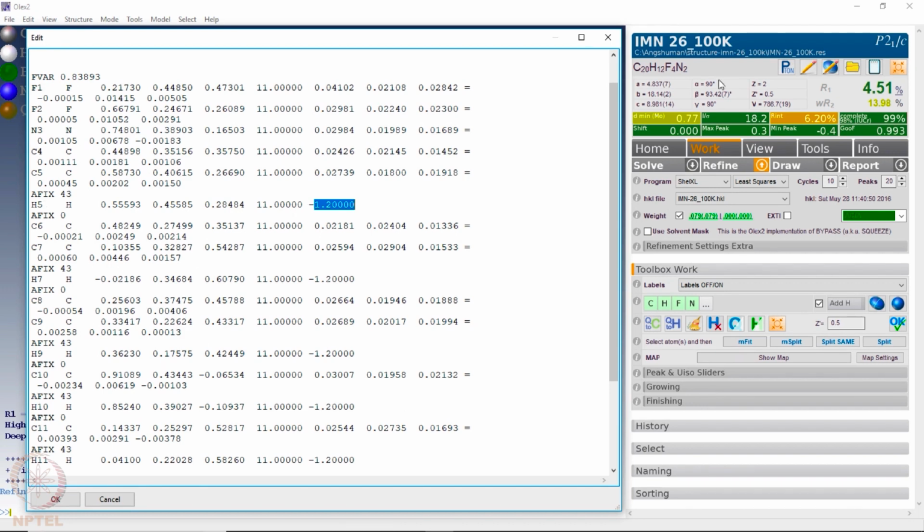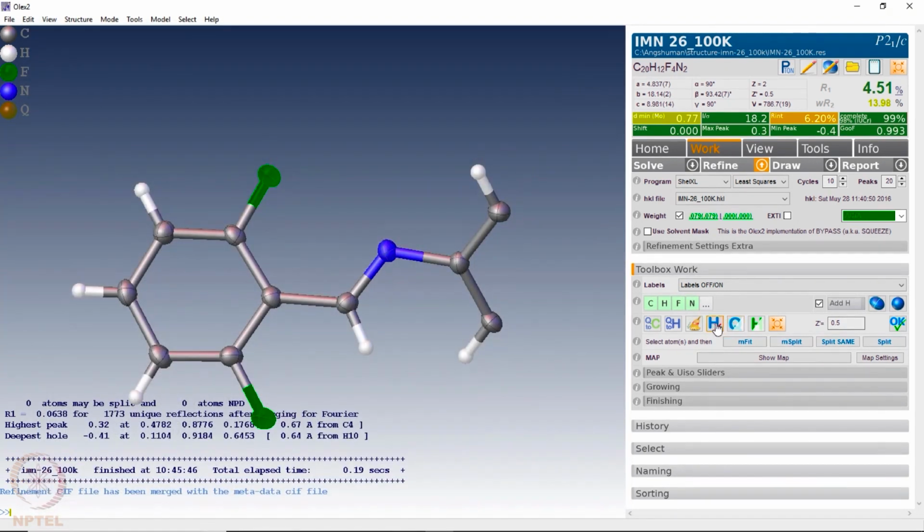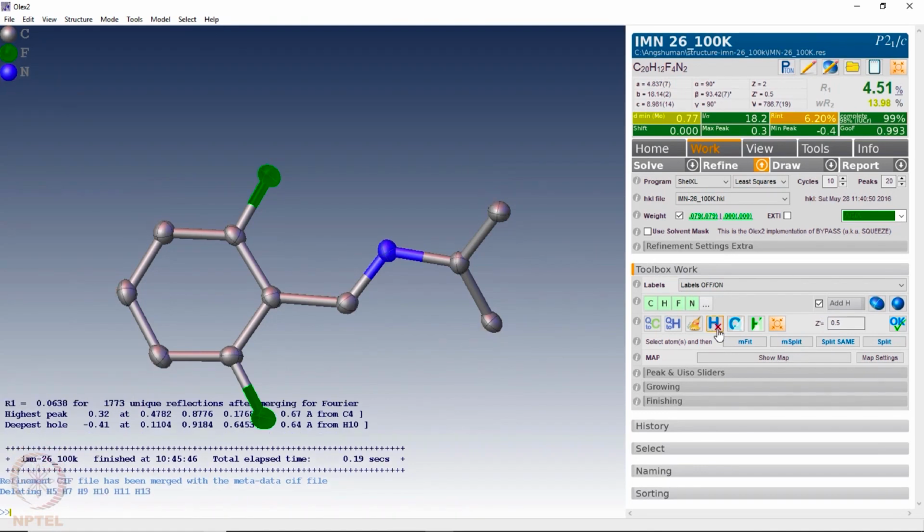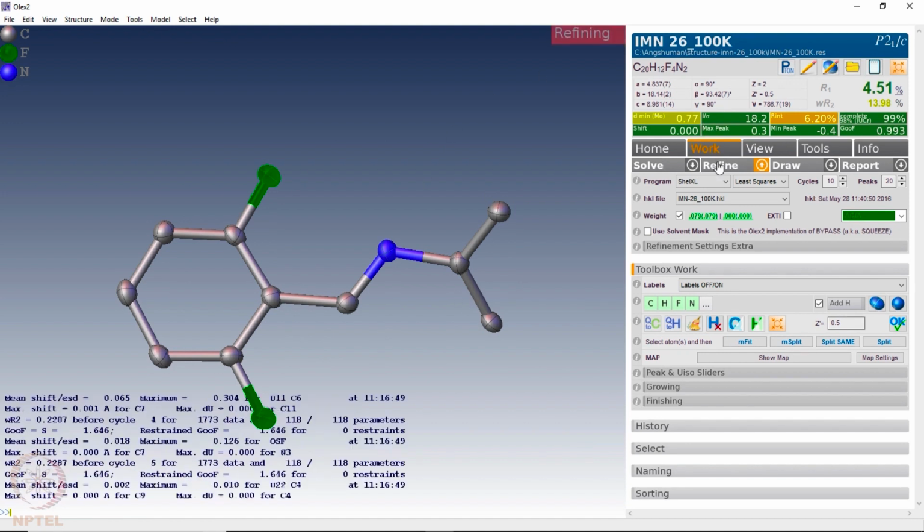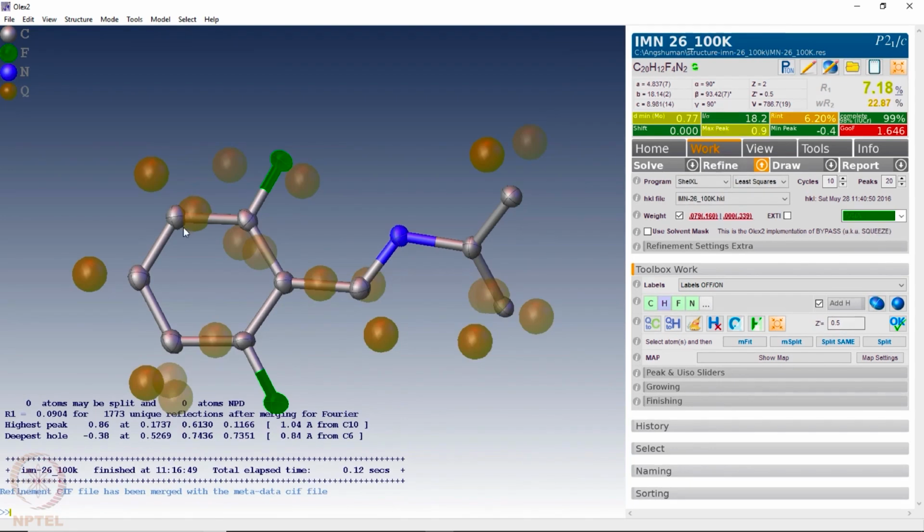Let us see what happens if we first remove these hydrogens by saying HADD cross, that means it has removed all the hydrogens, and then we do 10 cycles of refinement, which means it is doing a least squares refinement.